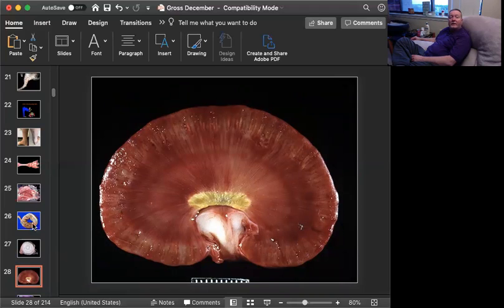Slide number 5 is tissue from a cat. Can I have a morphologic diagnosis and a cause? Okay, time's up. We're looking at a somewhat ragtag, moth-eaten looking kidney from a cat.